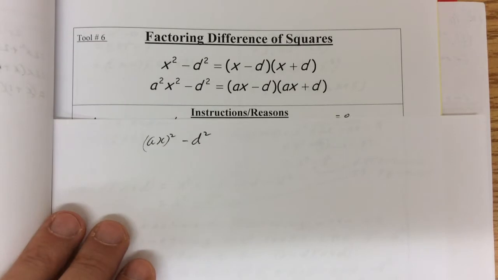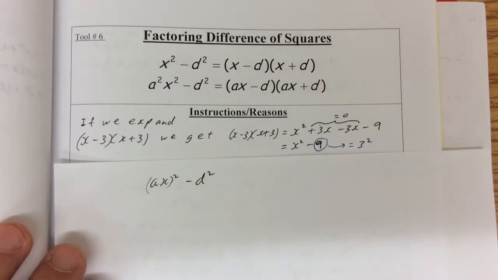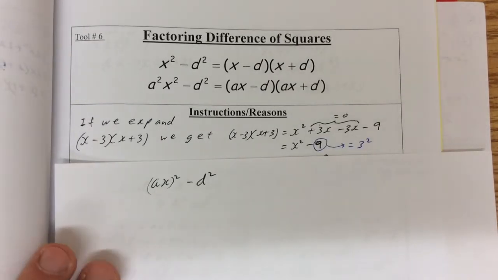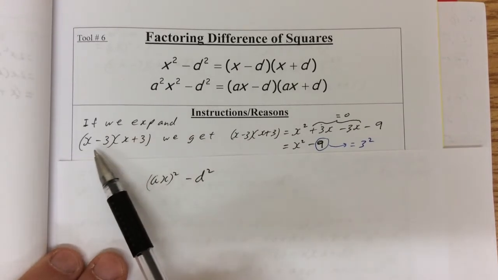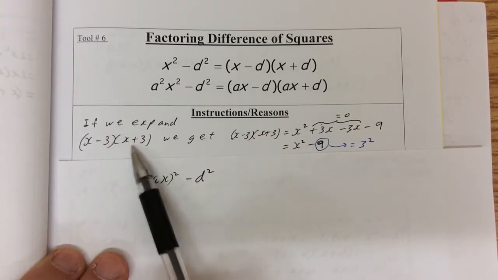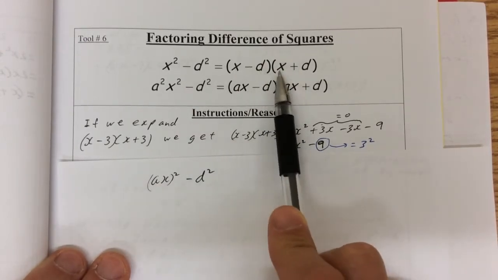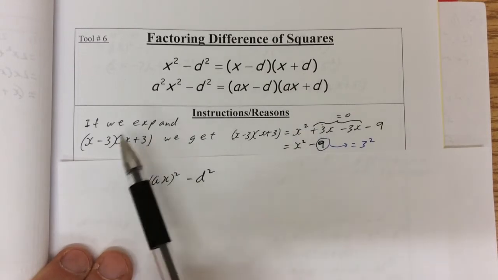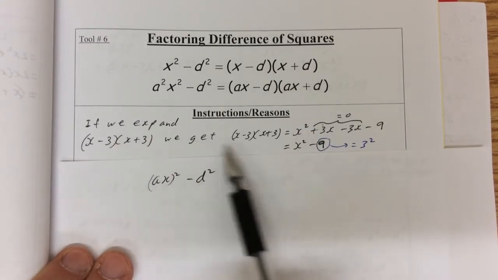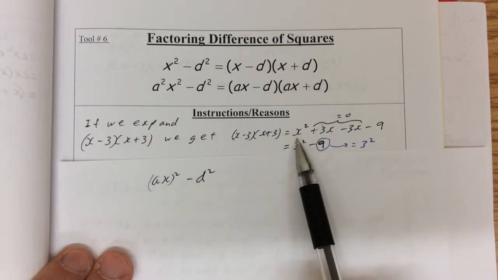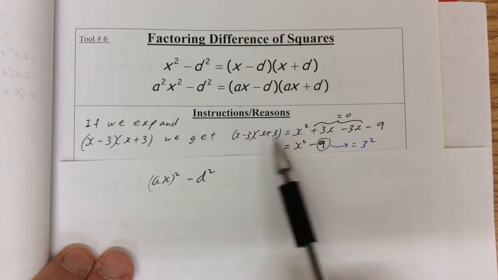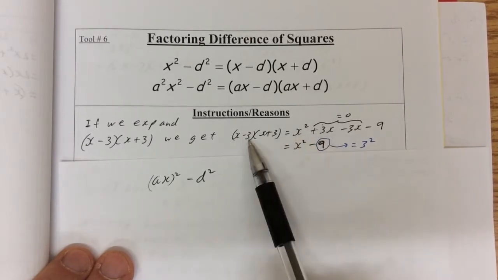So if we look at the build up to this, if we expand something like x minus 3 times x plus 3, that's in this form here: x minus something, x plus that same thing. If we expand that, we get this using FOIL. X squared, that's the first. Outside is plus 3x.